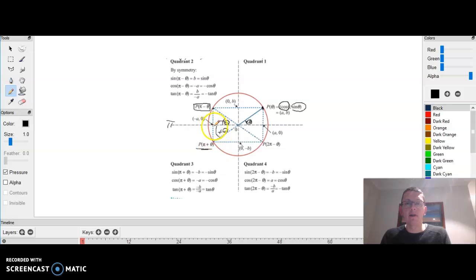Clearly, my point upwards is going to go downwards here, so we're going to get negative b.